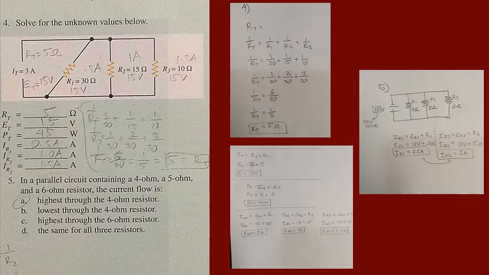We have a lower value resistor at R1, 4 ohms, yet we get a slightly higher current at R1, 2.5 amps. That shows us that as long as your voltage source remains the same, the lower the resistor value, the more amperage you can push or pull through that resistor.